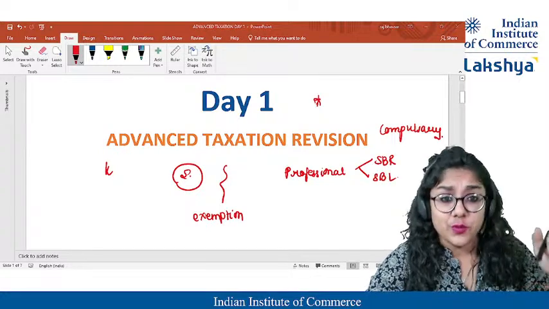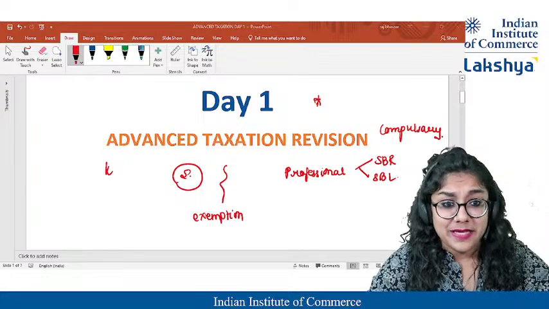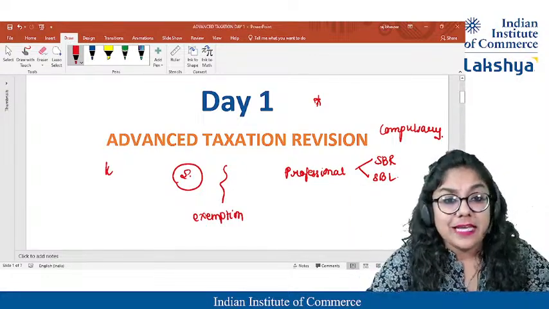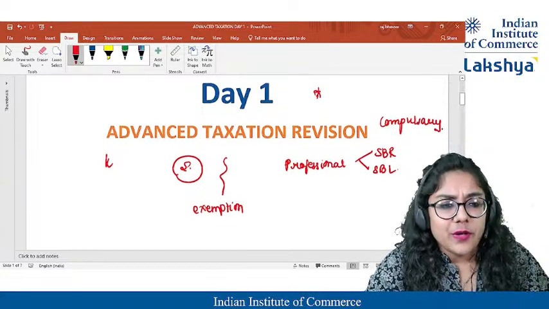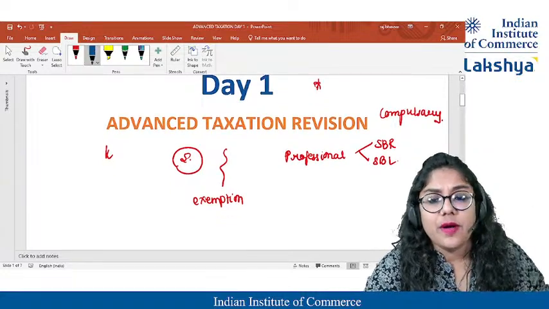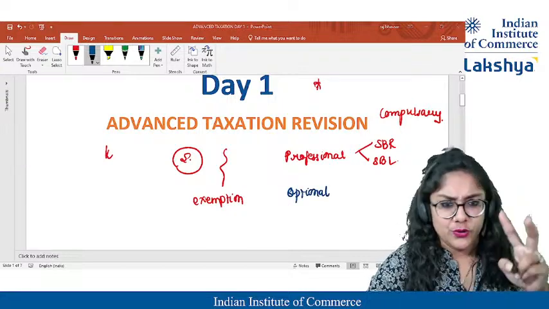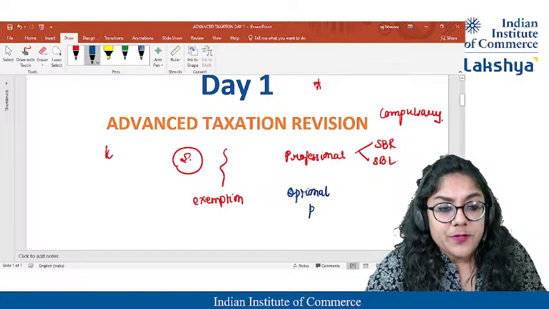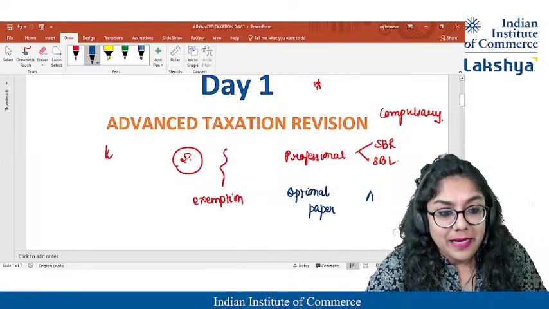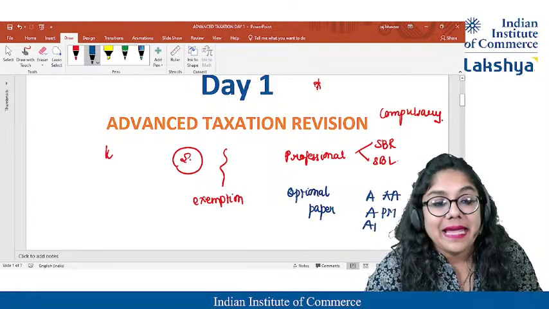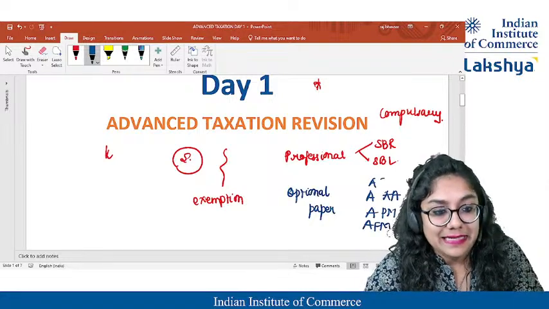There are a lot of students who would have already given SBR and SBL, and now they are planning to give a paper which is again optional. If I go ahead with the optional papers, guys, we have 4 optional papers, out of which you have to attempt 2. The optional papers are AAA, APM, AFM, and my ATX.